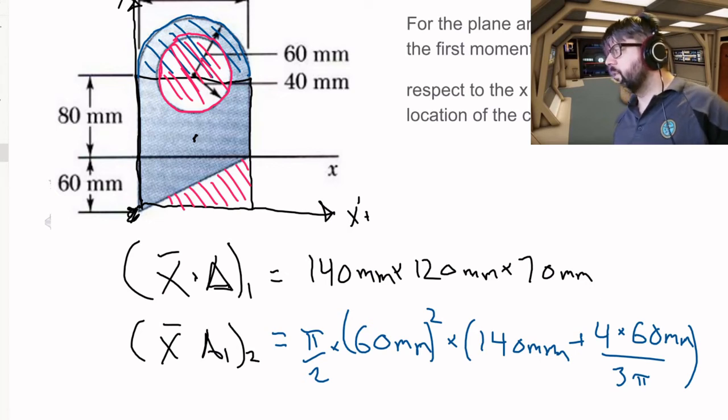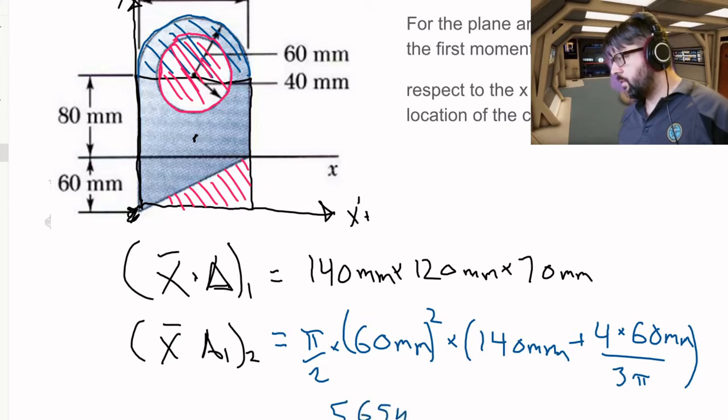So what does that give us? Pi over 2 times 60 millimeters squared: this term here is 5,655 millimeters squared.